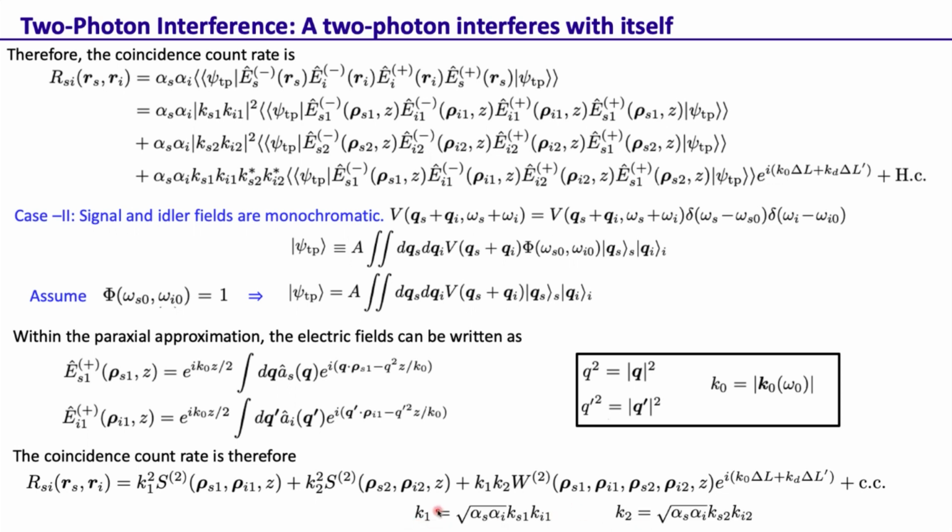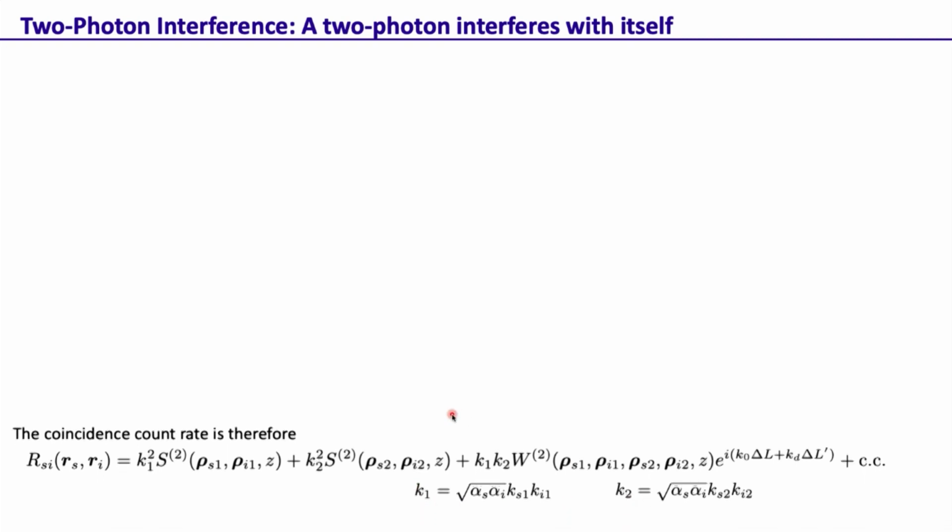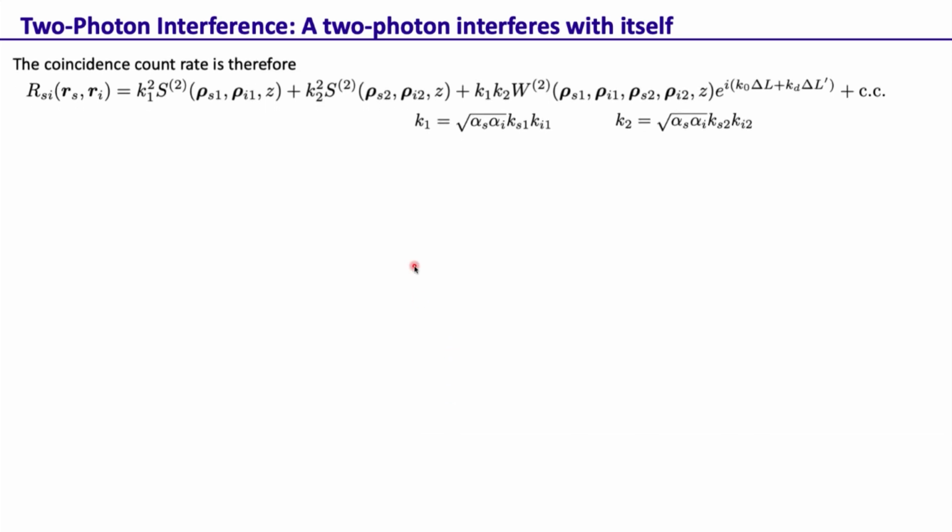This K1 and K2 are the splitting constants because of the size of the hole and so on. So that's the coincidence count rate we have over here, and this is the 2-photon interference. This is the generic 2-photon interference law, and we see the structure again is the same as we have for any interference, whether it is 1 photon or 2 photon, as long as it involves 2 interfering alternatives. This is the generic structure that we have seen.